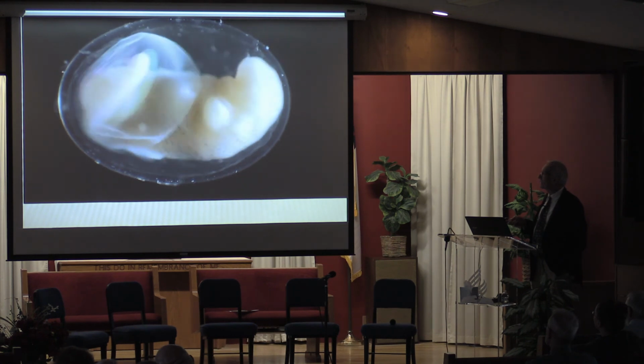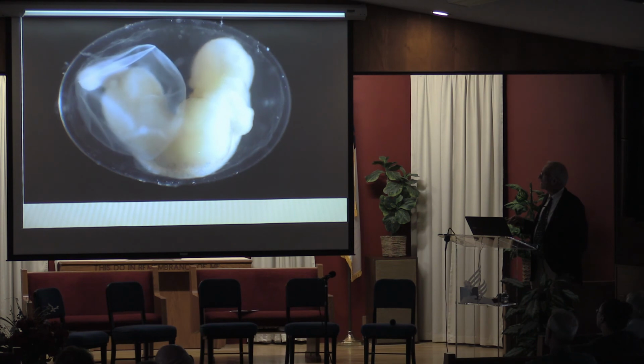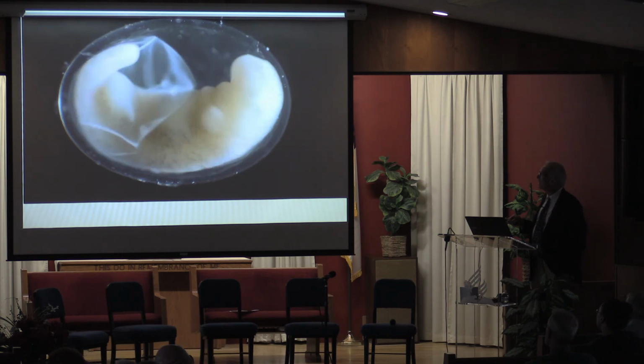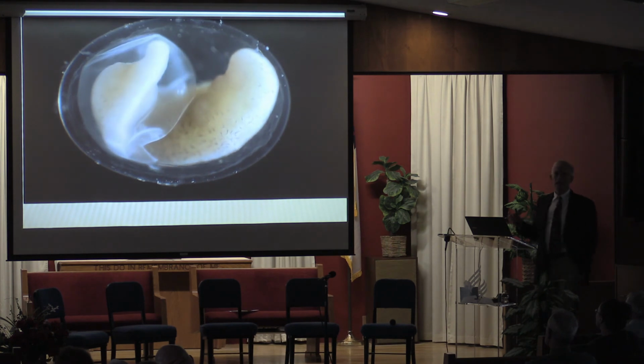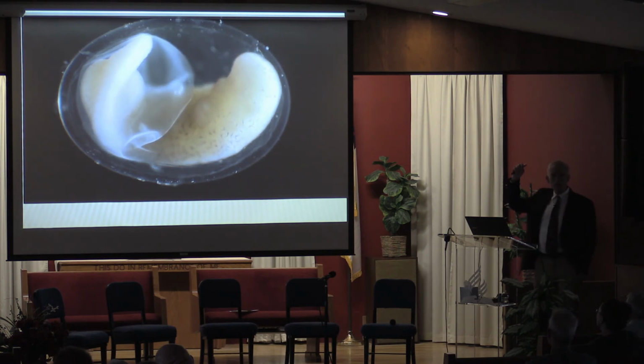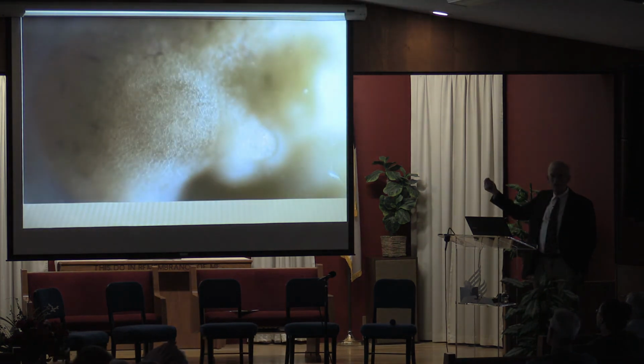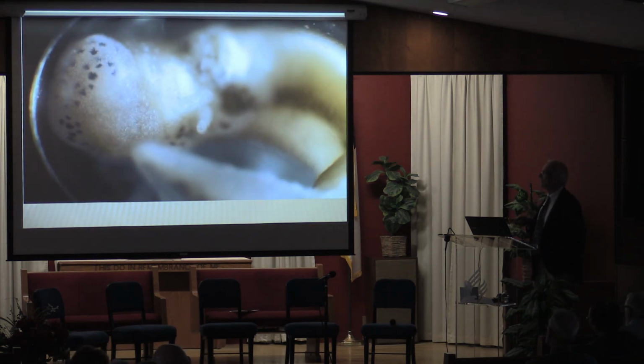Notice these pigmented cells on the back. You see those cells? Those each originated as a neural crest cell that migrated from the nerve stem out into the tissues and became those melanocytes.